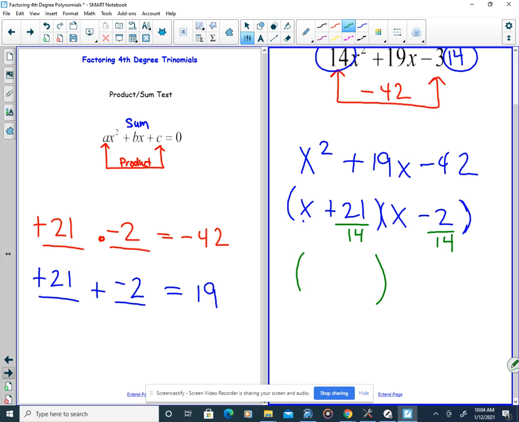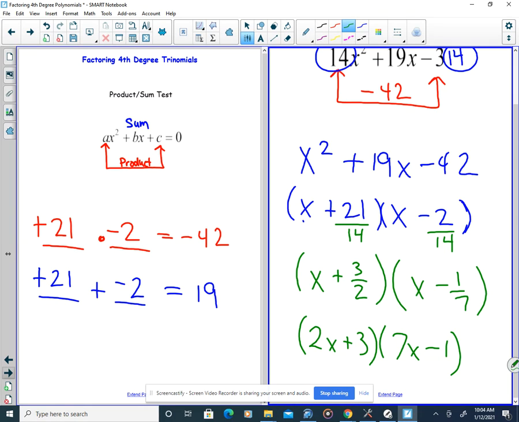I can divide both of those by 7, and I end up with 3/2. 2 over 14 reduces down to 1/7. So the factors for 14x squared plus 19x minus 3 are the quantity 2x plus 3 times the quantity 7x minus 1.